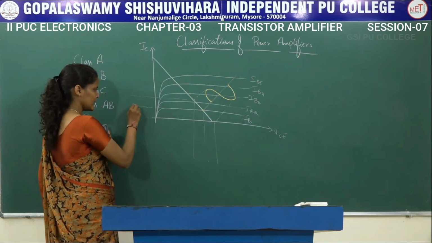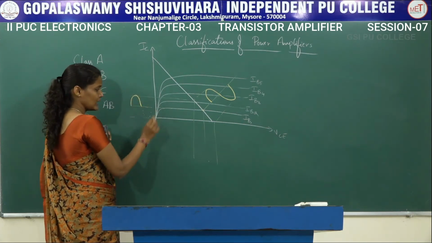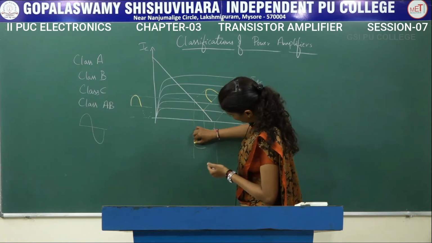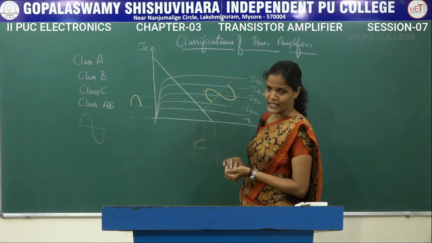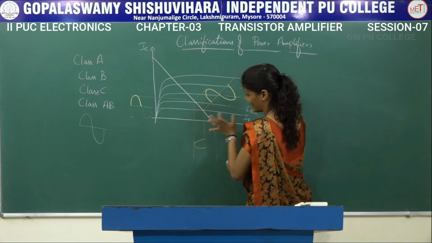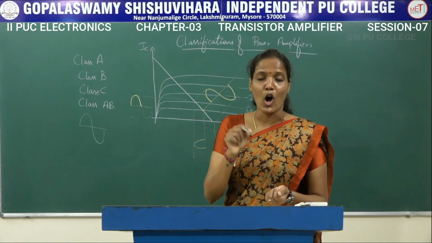When drawing the curve, only the positive half cycle will be obtained and the negative half cycle will be completely eliminated. Similarly here, when drawn, we are going to get only the positive half cycle and the negative half cycle will be eliminated because the negative half cycle comes in the region called the cutoff region. In the cutoff region, our transistor will be acting like an off switch.